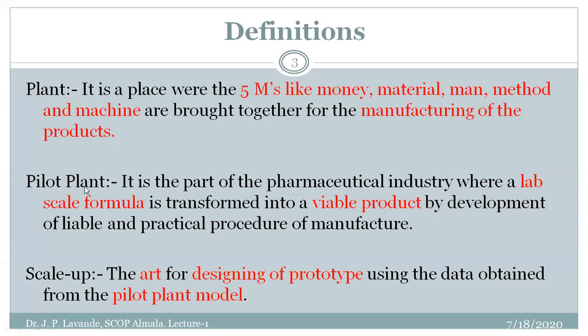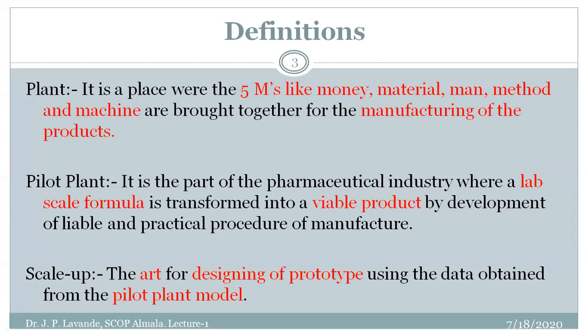Then the pilot plant. Now what is the pilot plant? It is the process in which we move, we shift, from a lab scale formula to the industrial scale in order to get a viable product. So it is the part of the pharmaceutical industry where a lab scale formula is transformed into a viable product by the development of reliable and practical procedures of manufacture.